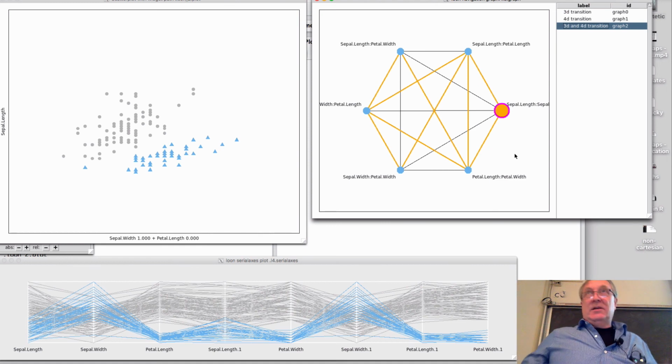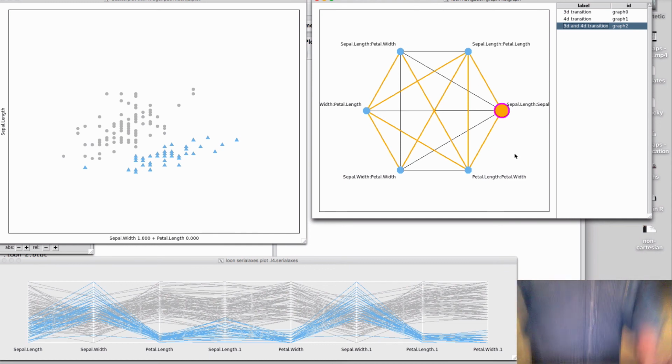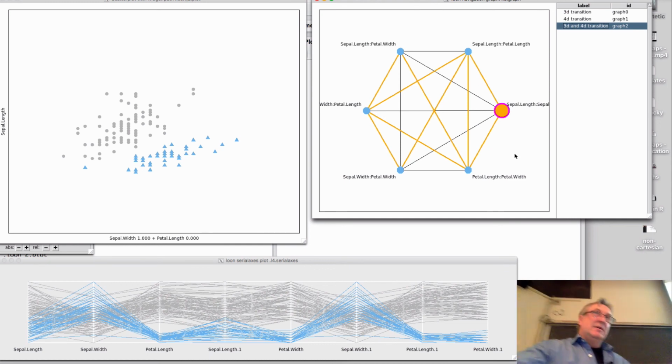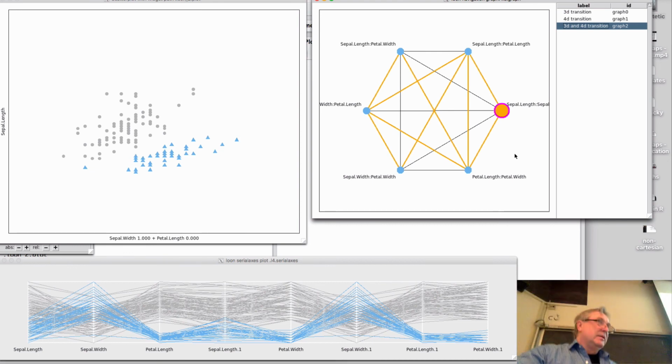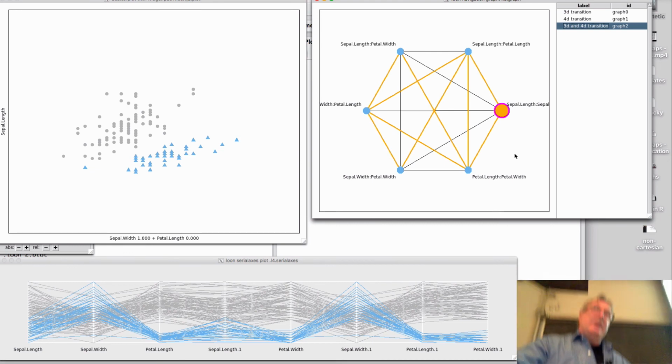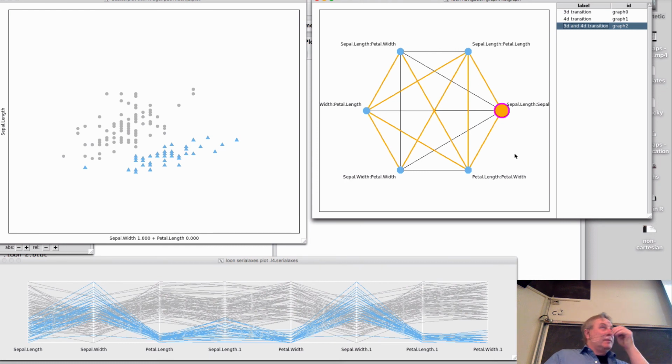Anybody understand what's happening? It's entirely this. I'm moving that plane through space. It's easy to do in 3D. I could do it through 4D as well. Okay?